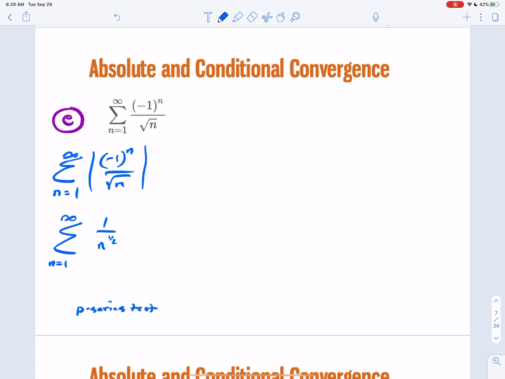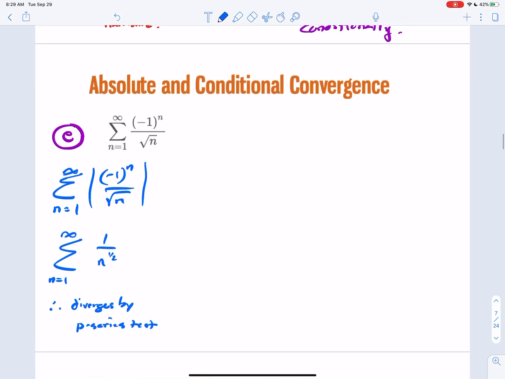Okay, and since P is 1/2, which is definitely less than 1, we know that this right here will diverge. Okay, so what does that say? It's not going to be converging absolutely. So we're going to cross that out.